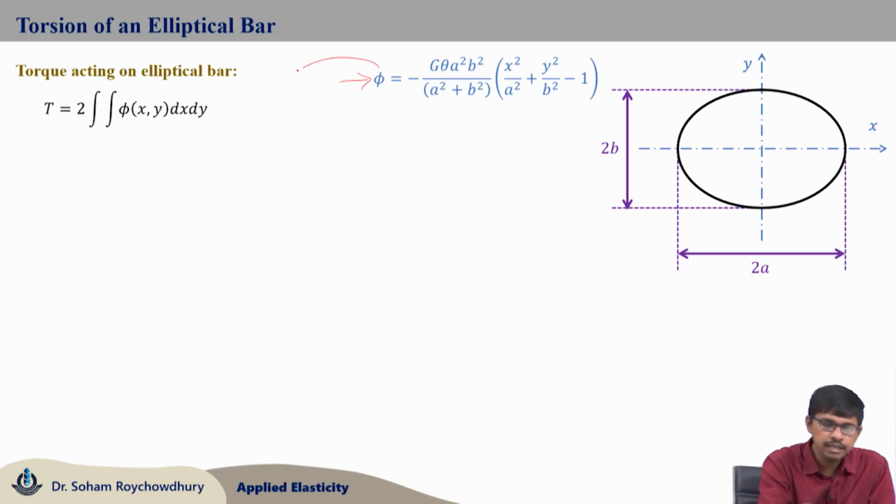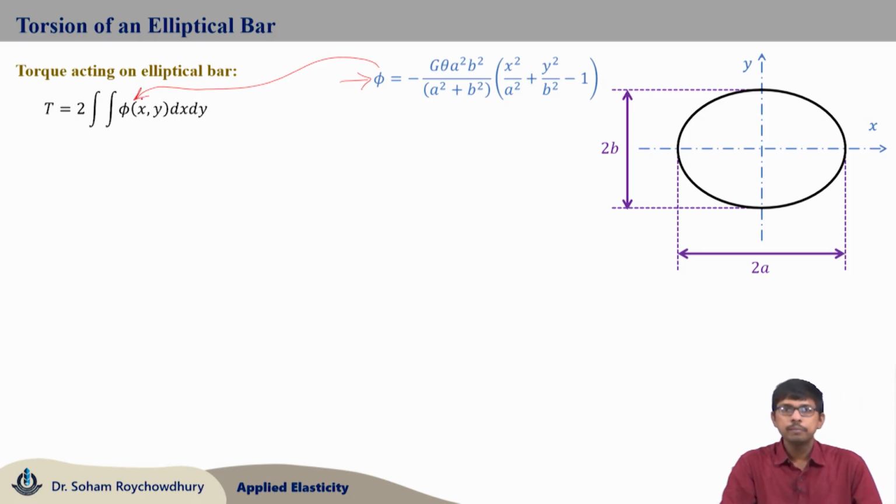So, we will replace this expression of phi here and we will try to obtain the relation between applied torque T and theta. You can see phi is a function of theta, the angle of twist. If I replace phi within the integral, then the right hand side will have theta and then some integral of x and y over the entire domain, and the left hand side is torque. So, this equation will give us a relation between the applied torque and the resulting angle of twist.